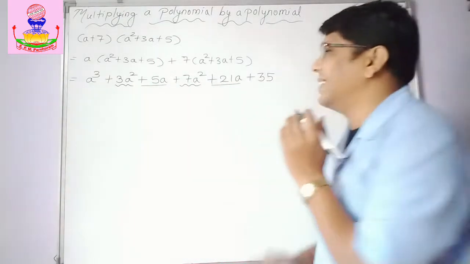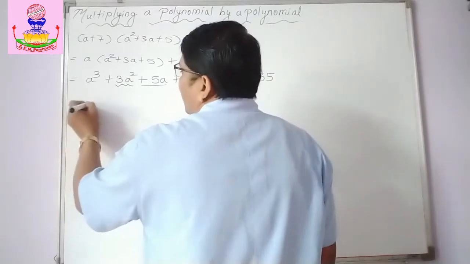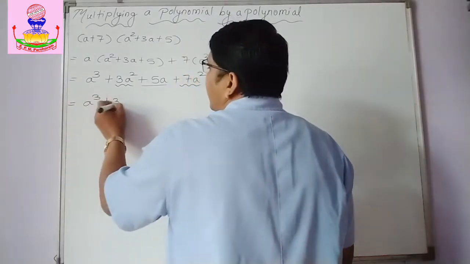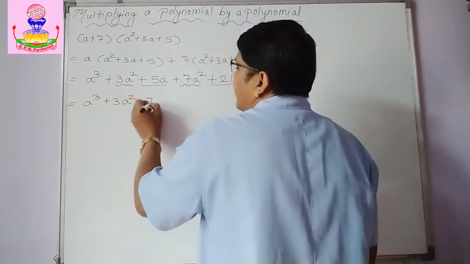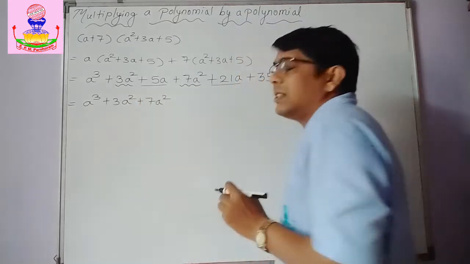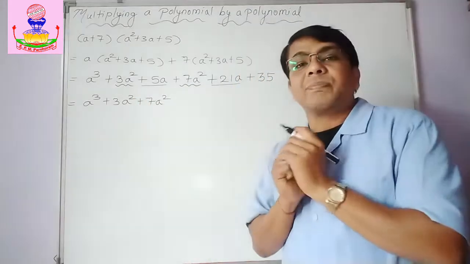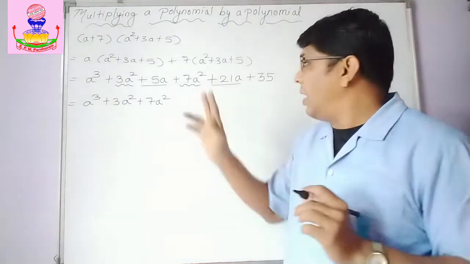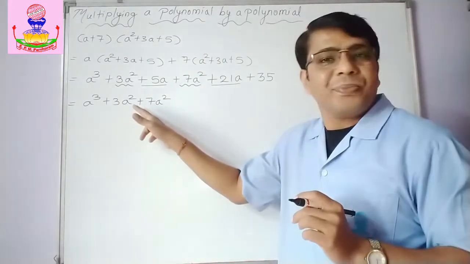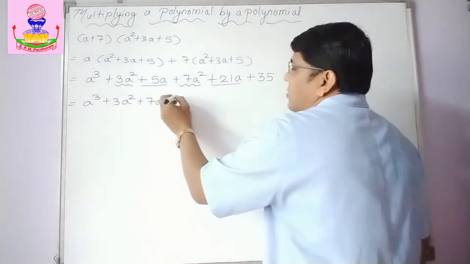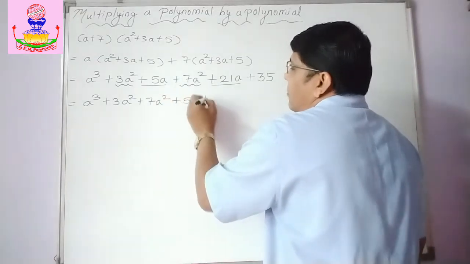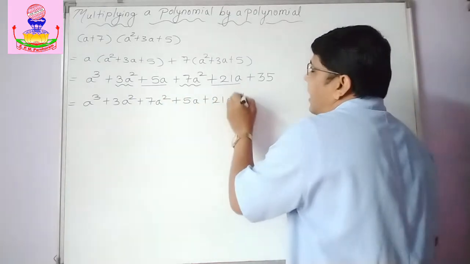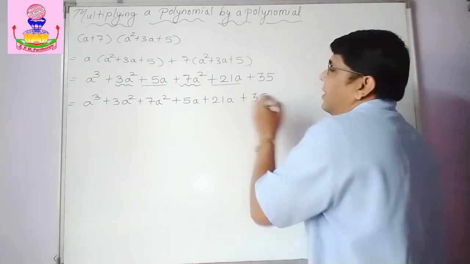So bring them together. So see now what I do. A cube plus 3A square plus 7A square. Similar terms always should be brought together along with their signs. So I have got plus 7 here. Do you get it? Then plus 5A plus 21A and 35.